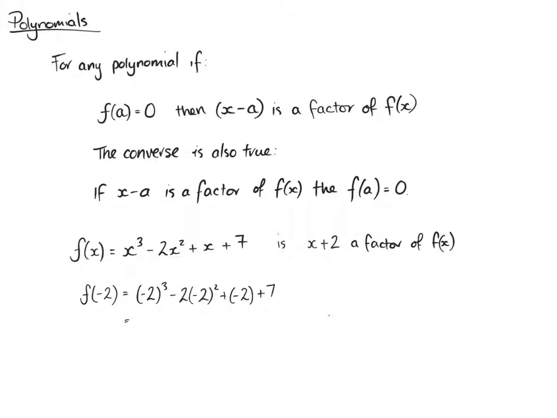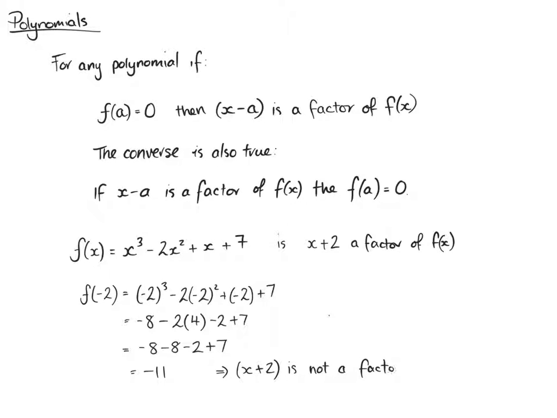Minus 2 cubed is minus 8, minus 2 times minus 2 squared, which is 4, is minus 8, then minus 2 plus 7. So we've got minus 8 minus 8 minus 2 plus 7, which is minus 11. Therefore x plus 2 is not a factor. If we put that number in and we get 0 out, it's a factor. If we get something other than 0 out, it's not a factor.